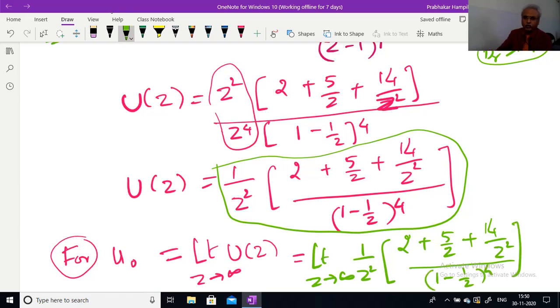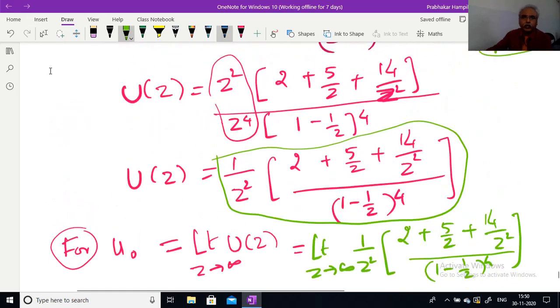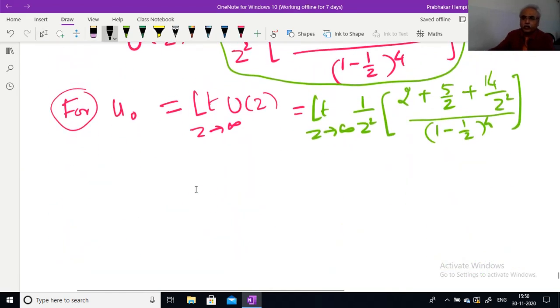Now when I take the limit, we can observe that z tending to infinity means 5 by infinity is 0, 14 by infinity is 0, 1 by infinity is 0. So only 2 remains. At last 2 divided by infinity also becomes 0. So hence this u0 becomes 0.